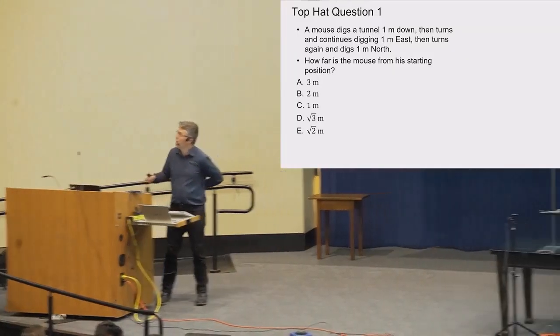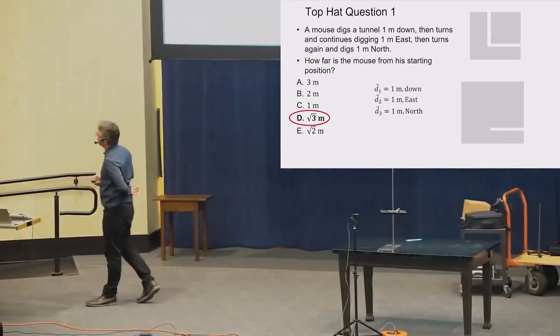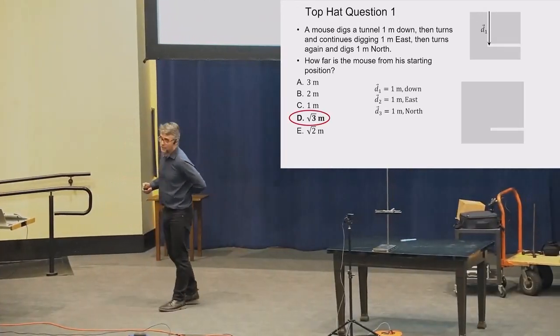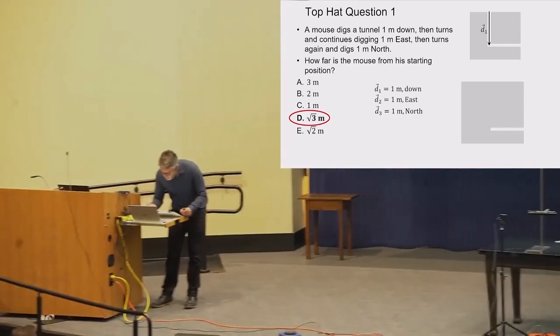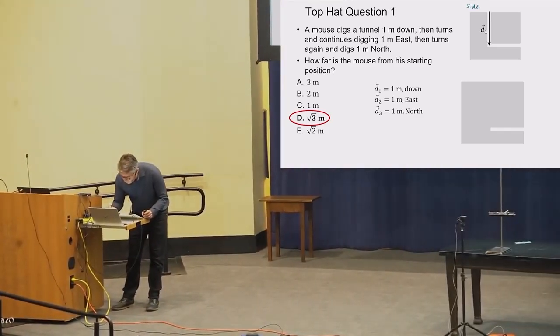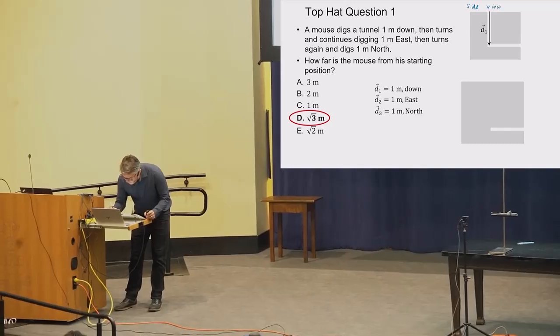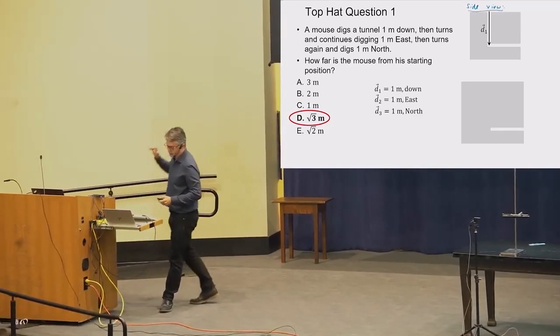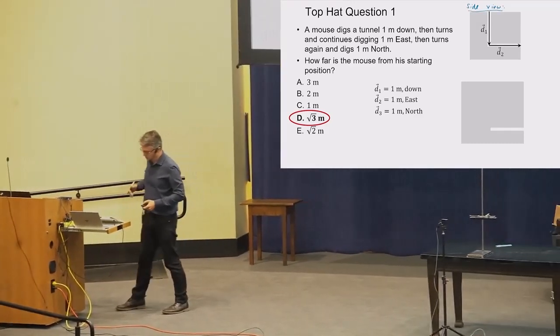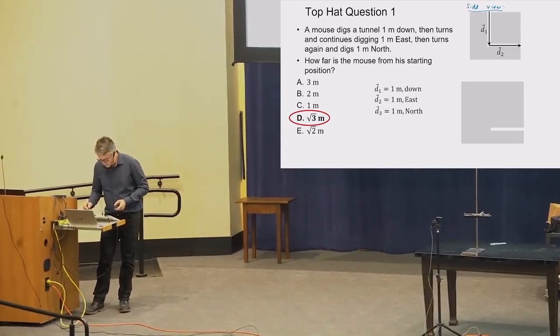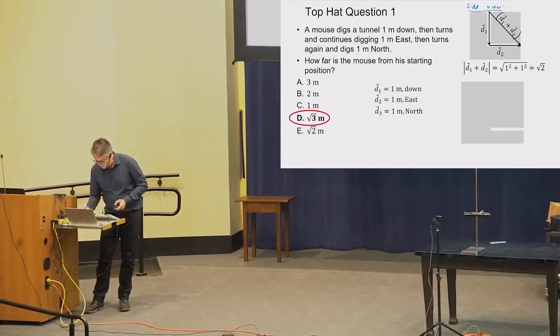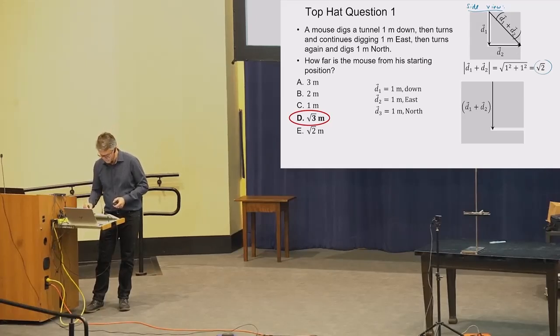The way I did it is, first of all, I imagined a side view, since I can only draw things in 2D. So he goes down 1 meter, and then he goes east 1 meter. And then you can get that he goes square root 2 meters in that first part.